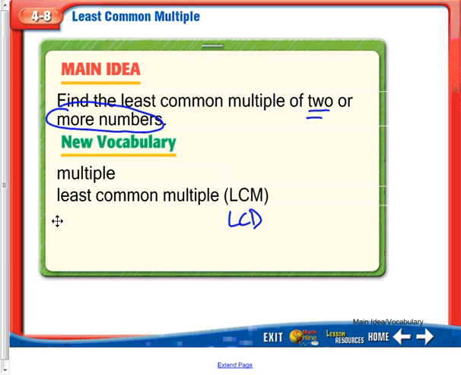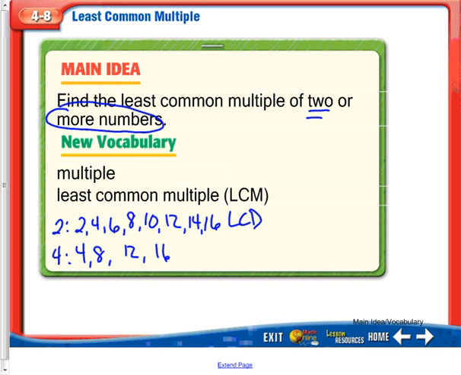When we talk about multiples, when we have twos, we have 2, 4, 6, 8, 10, 12, 14, 16, and so on. These are the multiples of 2. And then if I have the number 4, I would say 4, 8, 12, 16, and so on. And these numbers do continue.